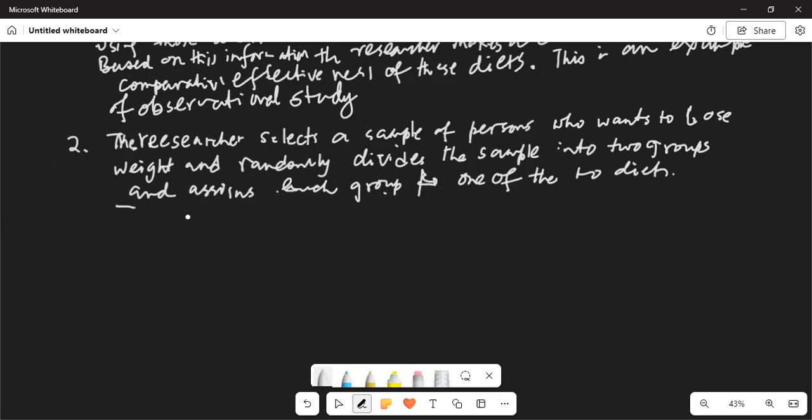Then she compares the two groups with regards to the effectiveness of these two diets.